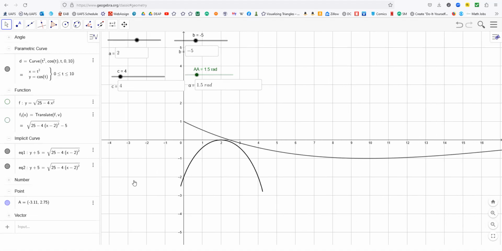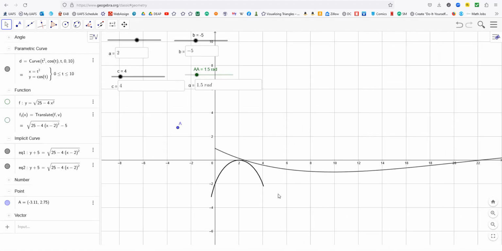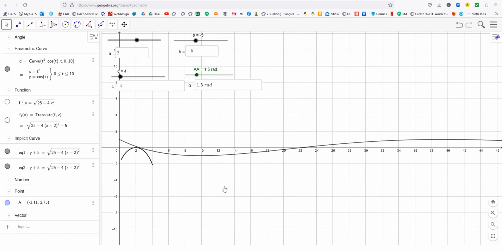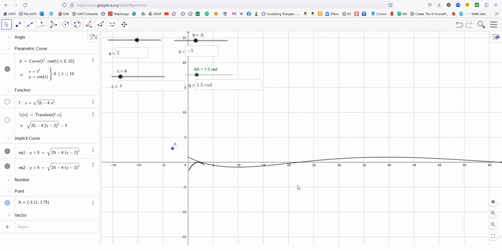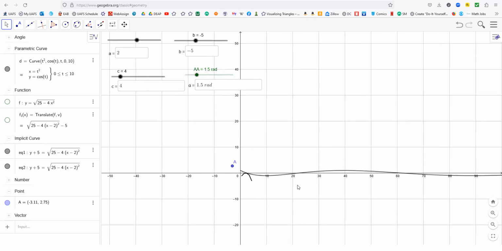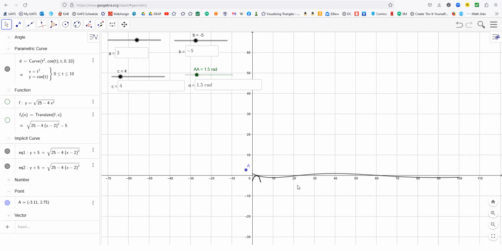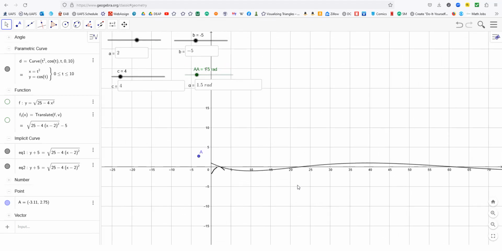Let me zoom out a little bit. We get that curve there. You can see part of it at least.